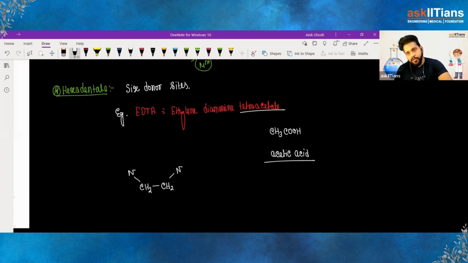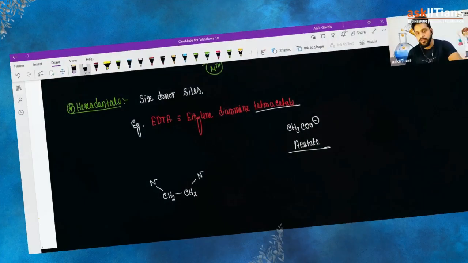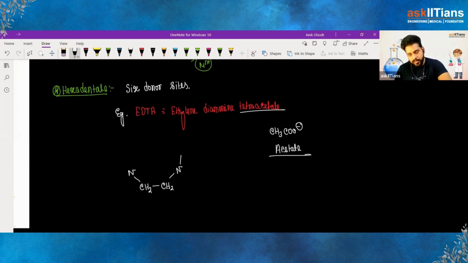If I take out a hydrogen from here, anion, guys, acetate. Tetraacetate means 4 of them are connected here. So CH2COO minus, that means I am substituting one of the hydrogens with the group, on the nitrogen.